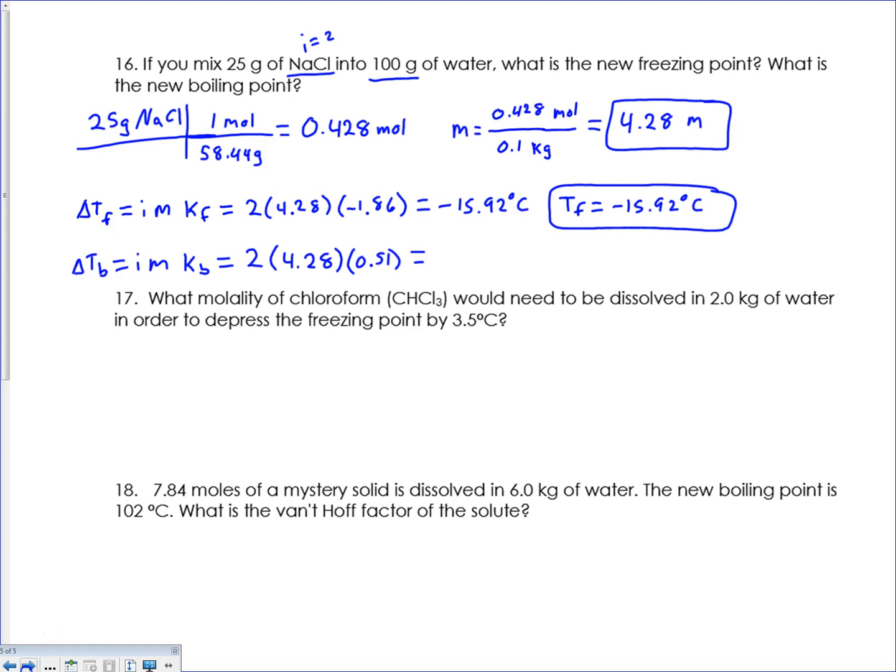We multiply all those, we get 4.37 degrees Celsius for our change in temperature. And so the normal boiling point is 100 for water. And so if it's 100 and it's changing by 4.37, then the new boiling temperature is 104.37 degrees Celsius.